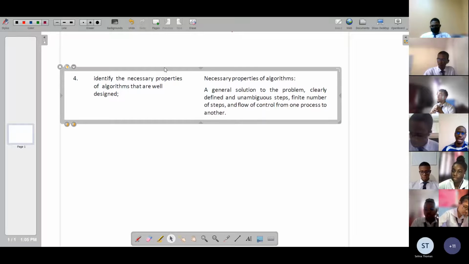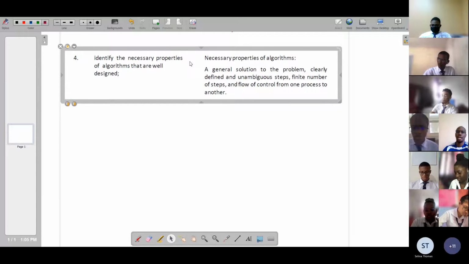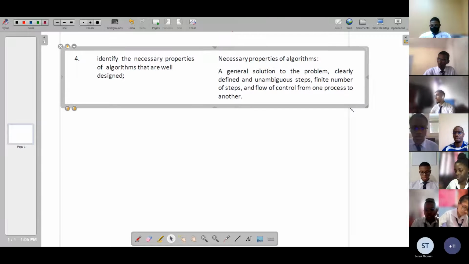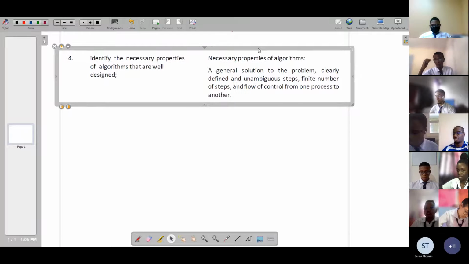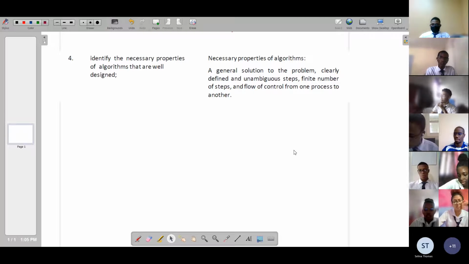All right, so we have the necessary properties of algorithms that are well designed. And what are the necessary properties of algorithms? This is straight from the syllabus, eh? Nothing special, right?